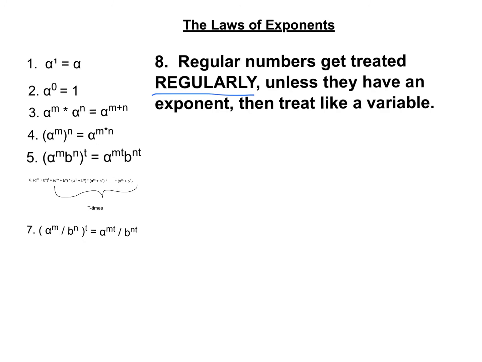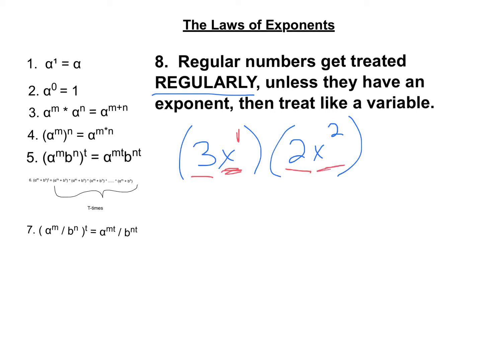So for instance, if I had something like 3x and I times that by 2x squared, a common misconception is that when it looks like this, I'm just going to take this and add it to this, because when I take x to the first and do it with x squared, I do get x cubed, because when they're here, we would add the exponents. But people sometimes don't understand that this is still regular numbers, so they get multiplied regularly. So 3 times 2 is 6.